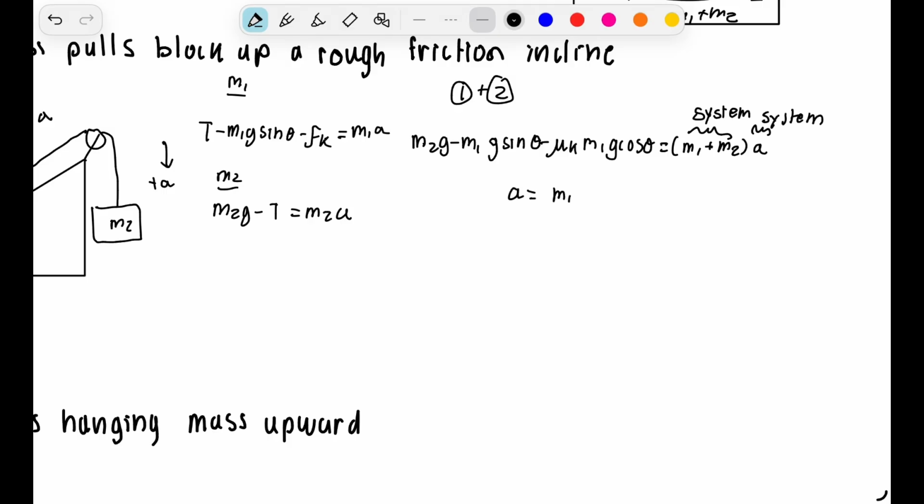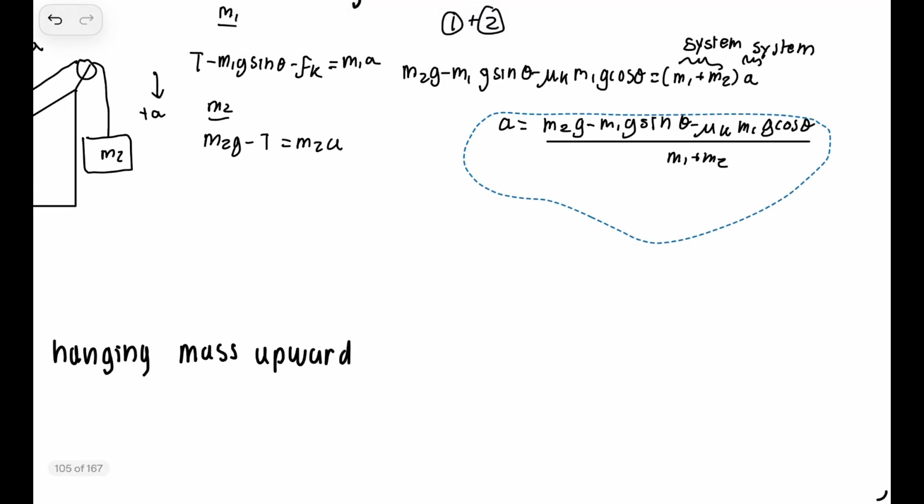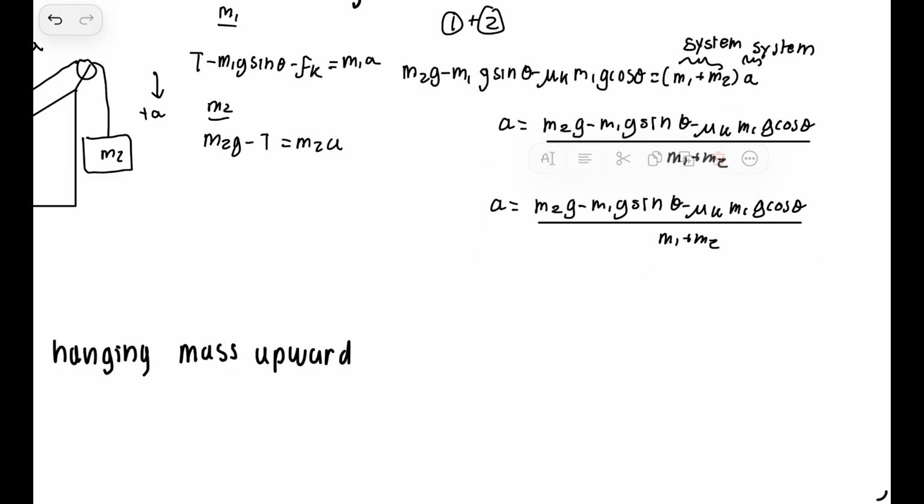So this is M2g minus M1g sine theta minus mu k M1g cosine theta, all divided by M1 plus M2 for acceleration. And here you can also factor out your g.